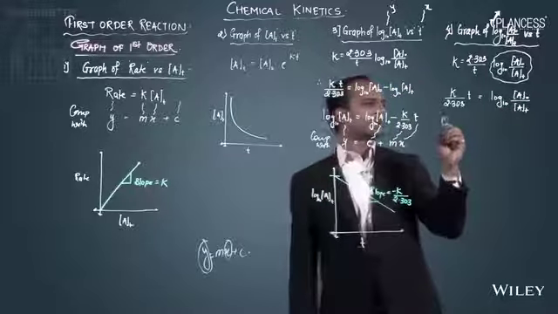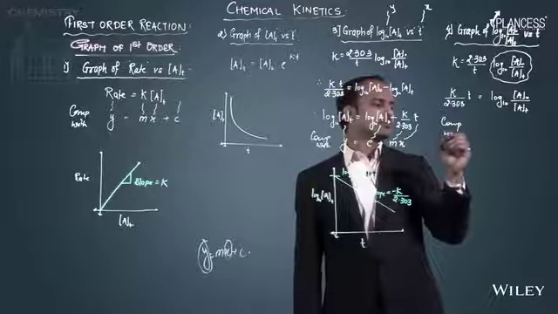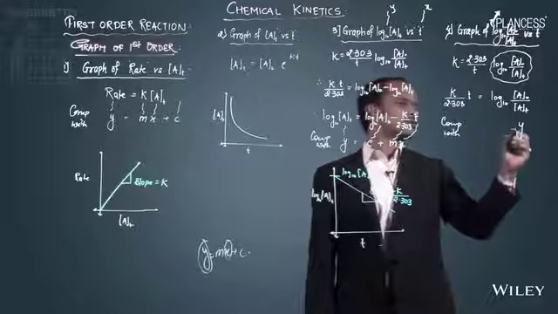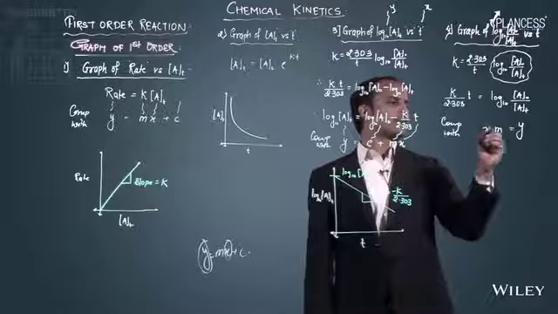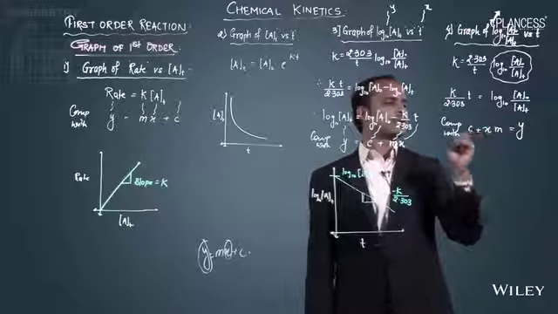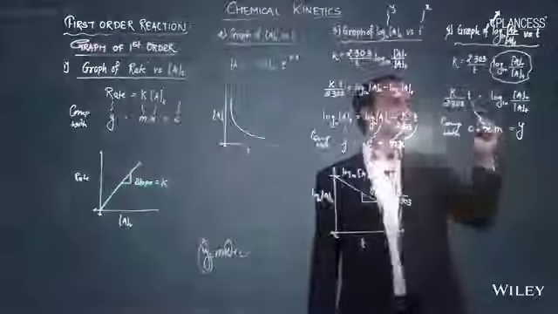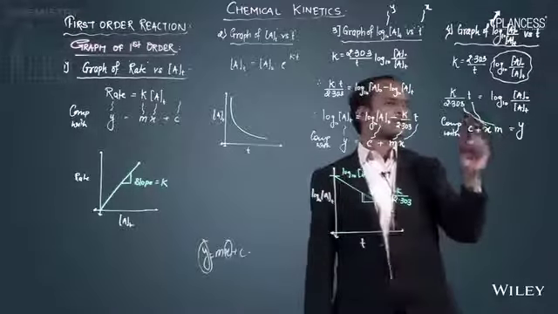This is the y-axis. So comparing with y is equal to mx plus c, this is on y, this is on the x-axis, this is the slope, and the c is 0.